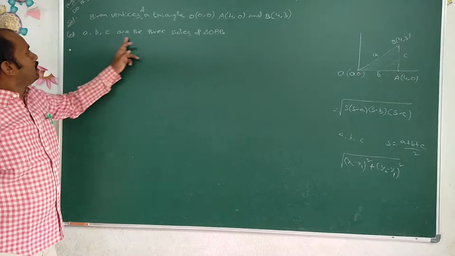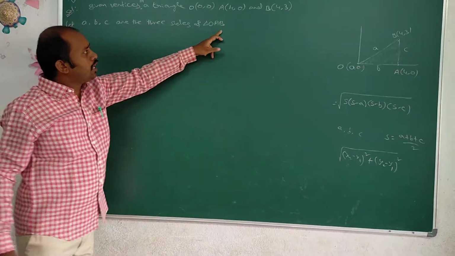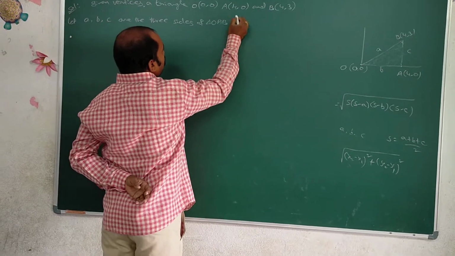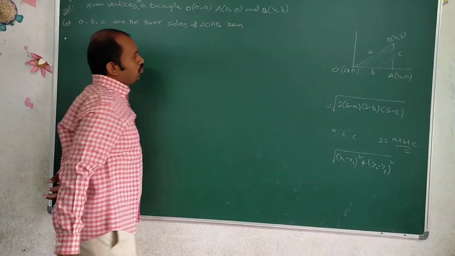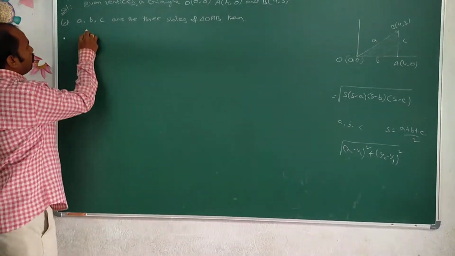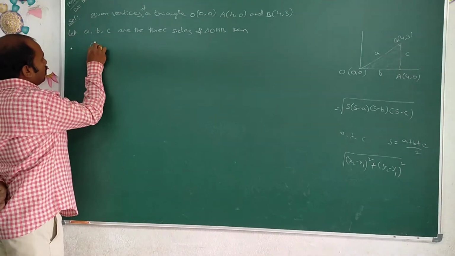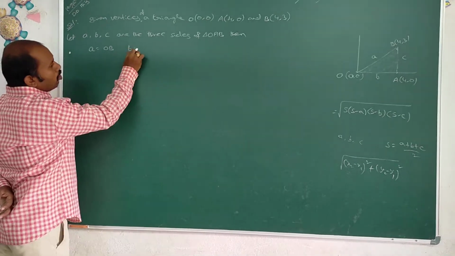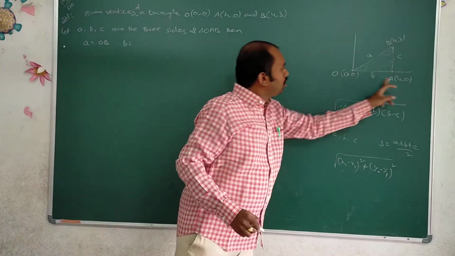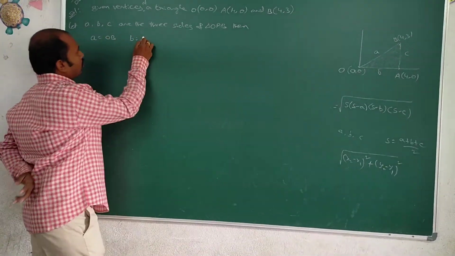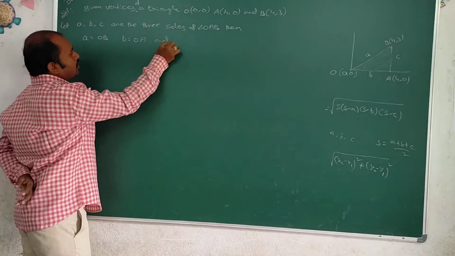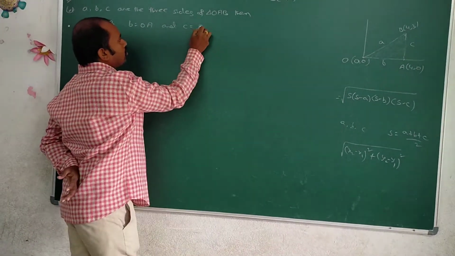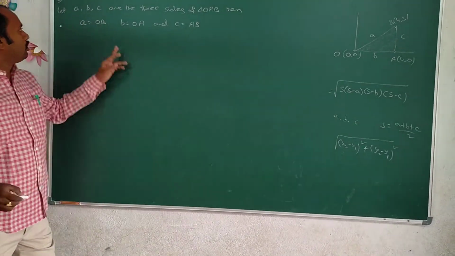Then a equals OB, small b equals OA, and the last one c equals AB. So find these three sides.